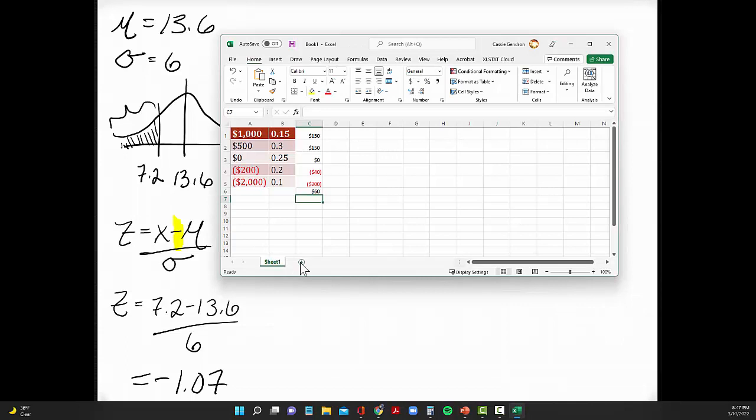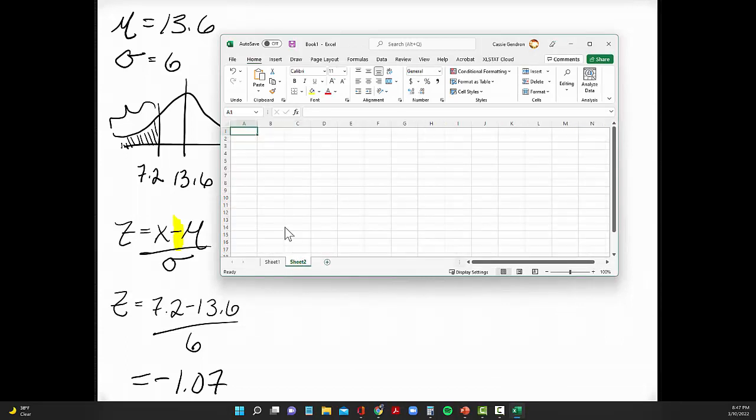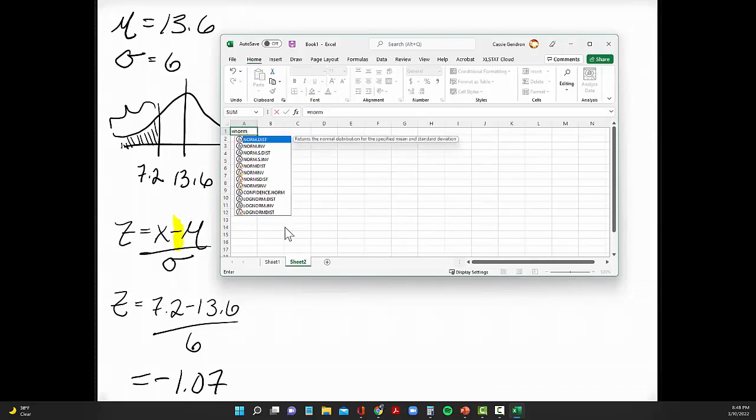We're going to give ourselves a new sheet here. For this, I'm going to type in equals NORM.DIST, x, which is the 7.2, the mean, which is 13.6, and the standard deviation is 6.